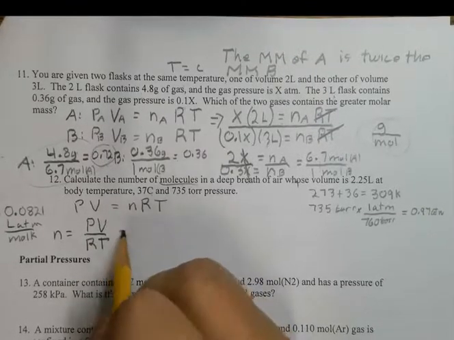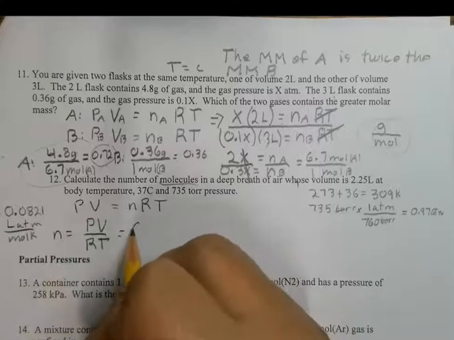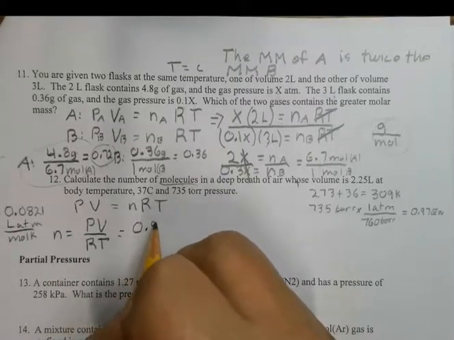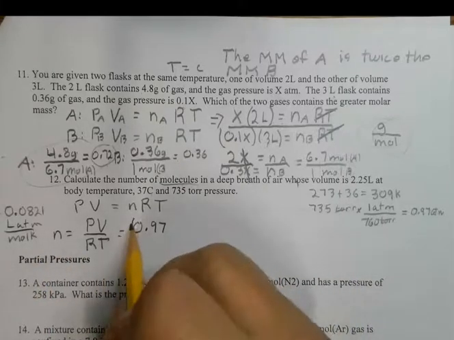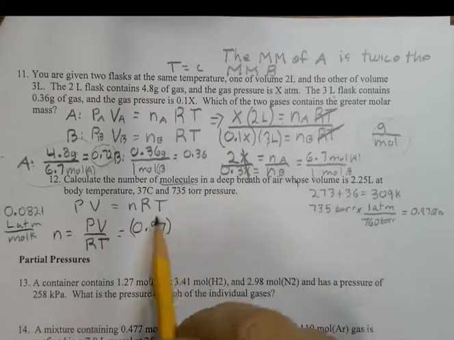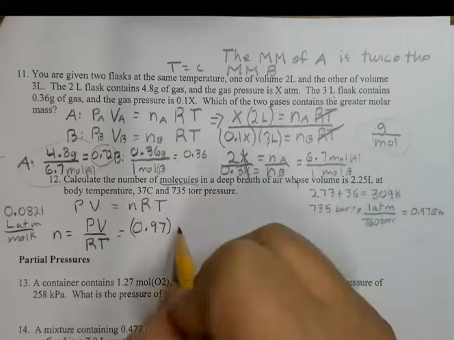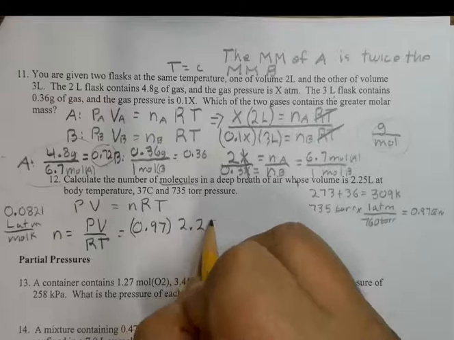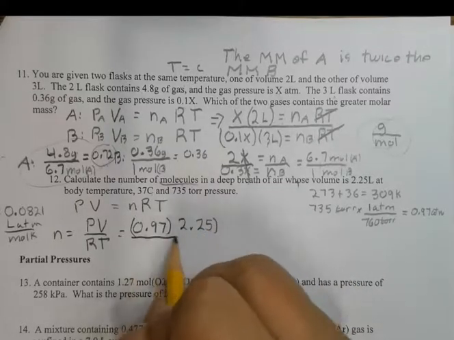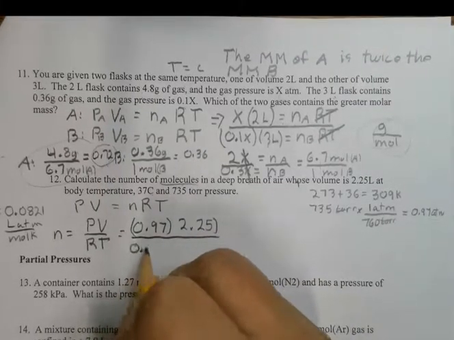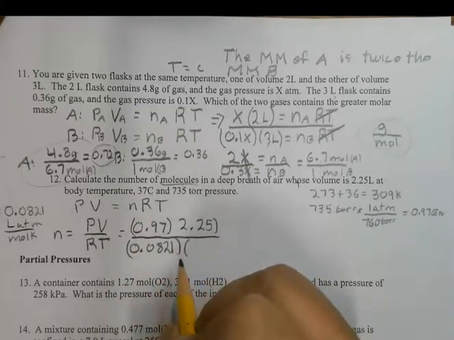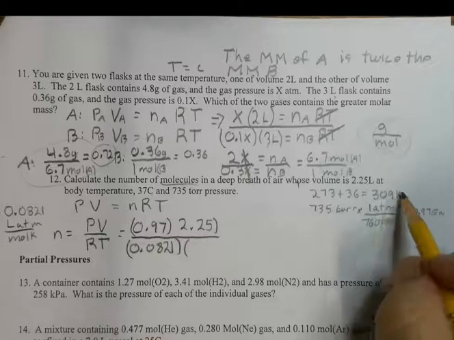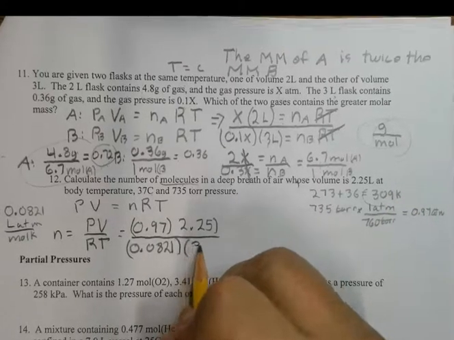So let's go ahead and do that. So pressure is, I'm not even going to write down my units because we know they're going to work out since we have them all correct and we know what the gas constant is. So it's PV. Volume was given to us at 2.25 liters over R, which is 0.0821 times temperature, and our temperature's up here, 309.